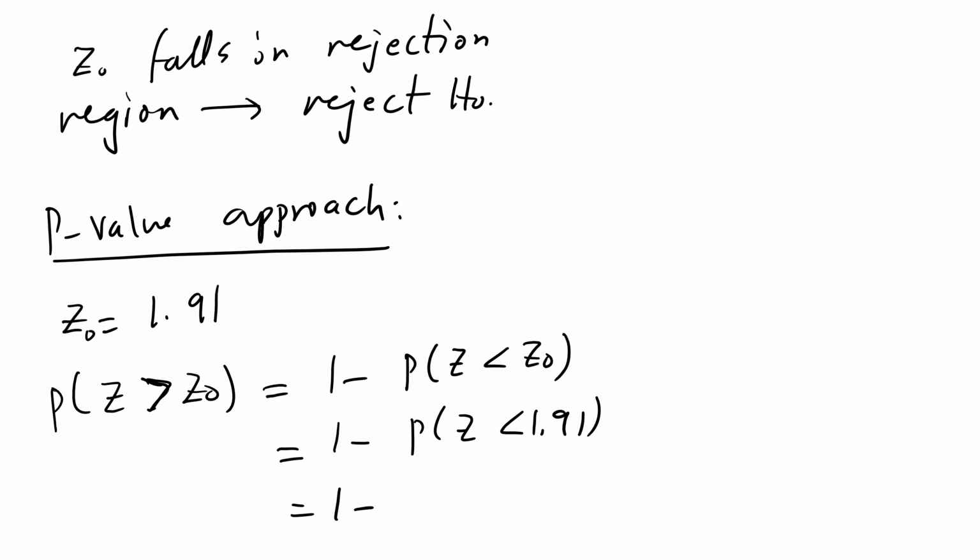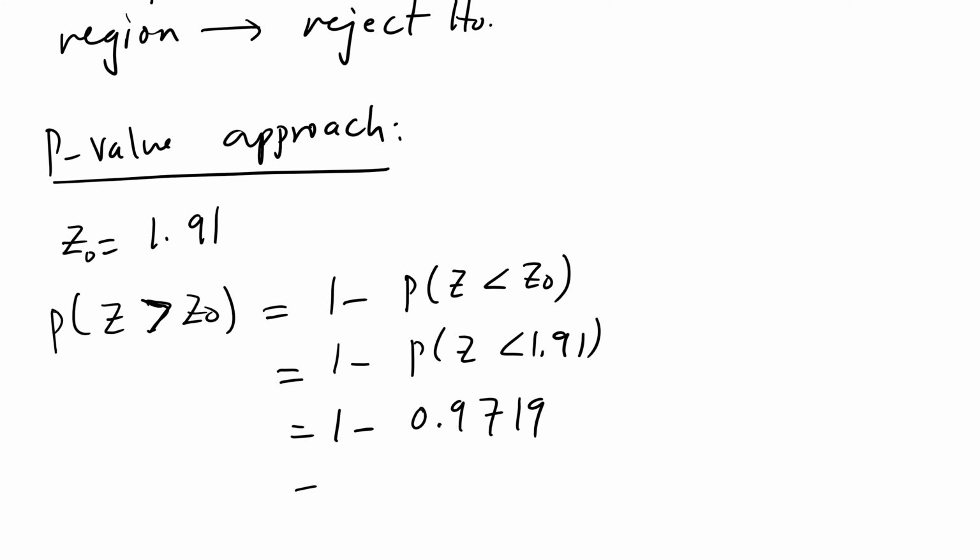So 1 minus the probability that z is less than 1.91. We need to go to the z table and find the z value 1.91. That gives me 0.9719, and then I just subtract that from 1, which gives me 0.0281.